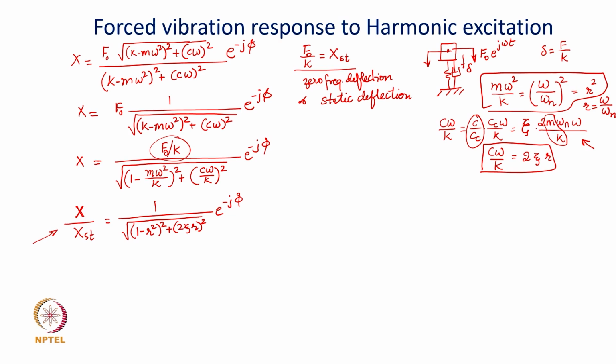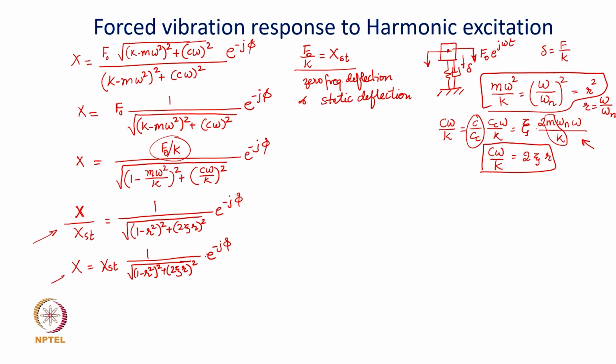We shall discuss more about this ratio in the next slide. But what we get actually as capital X is X_ST, or zero frequency deflection, static deflection, times 1 over the same ratio that we have used here, (1 minus r squared) whole square plus (2 zeta r) whole square, e to the power minus j phi.